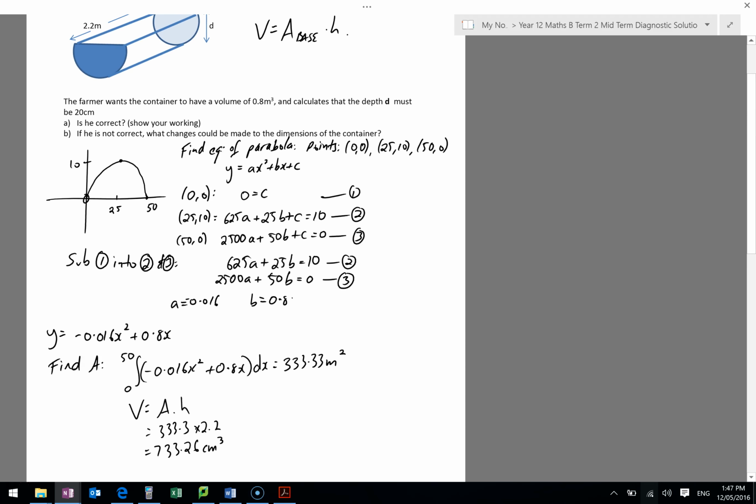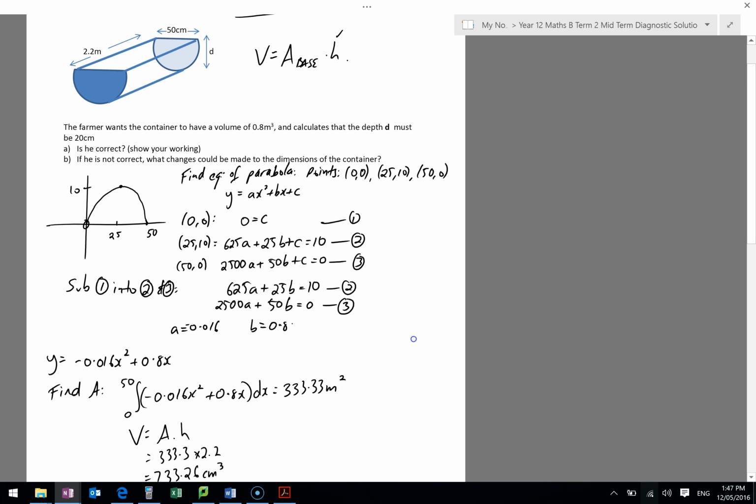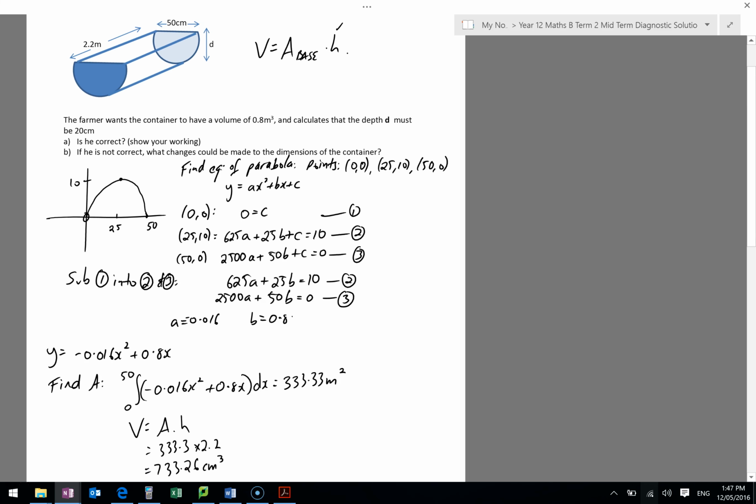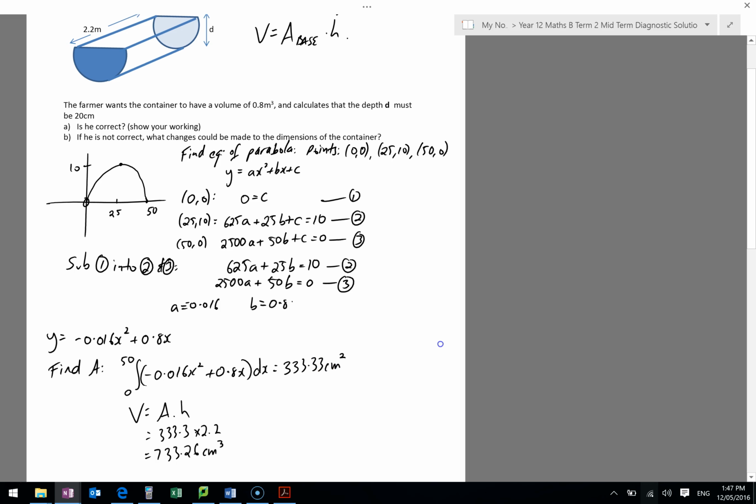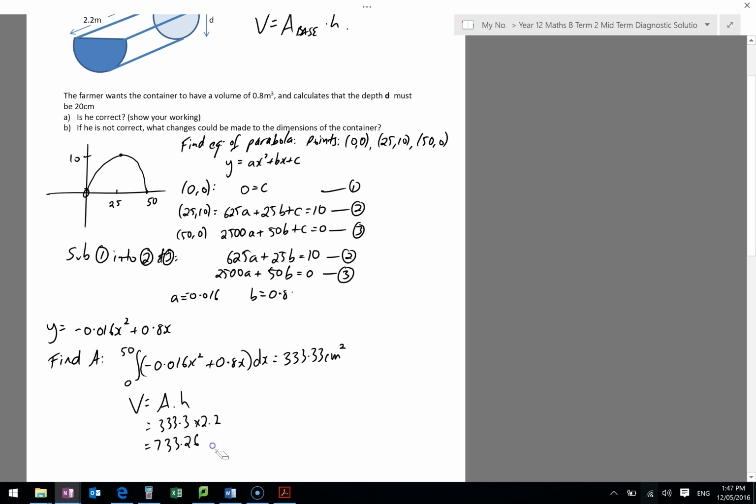And we're saying that it's supposed to be 0.8 meters cubed. Correction, so make sure all your units are in line as well. This is centimeters squared, and I'm trying to convert units here. So I should just put them all into meters squared and meters.